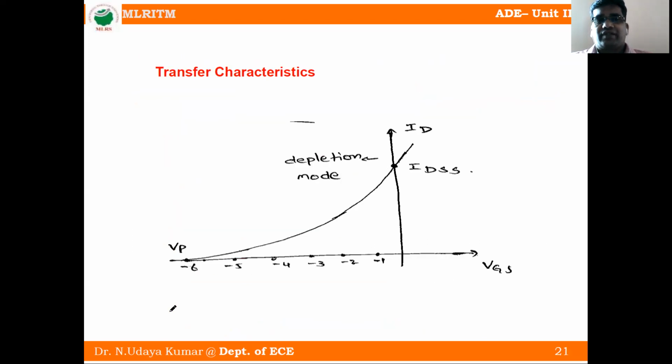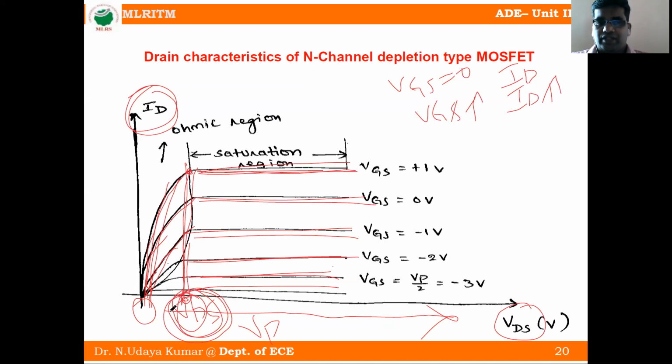So this is the transfer characteristics of the N-channel depletion type MOSFET. Transfer characteristics means, in the previous one, VDS increases with some fixed values of VGS. We fix VGS, for example VGS equal to +1, VGS equal to 0 volts, or VGS equal to -1.